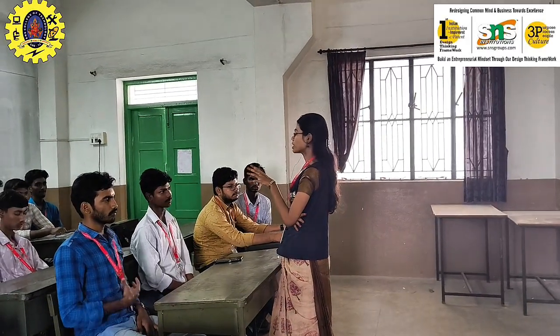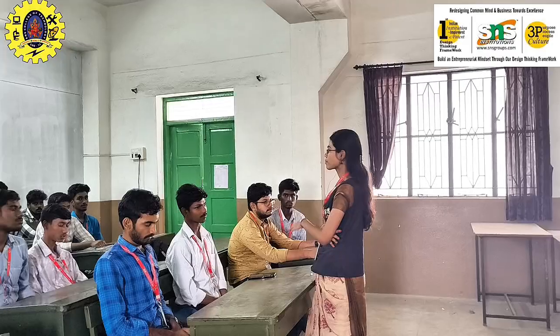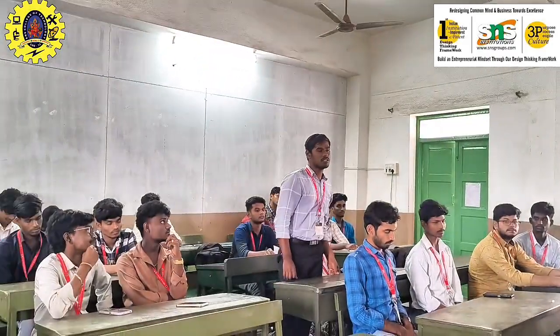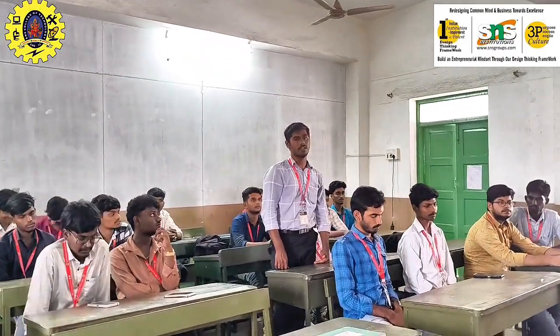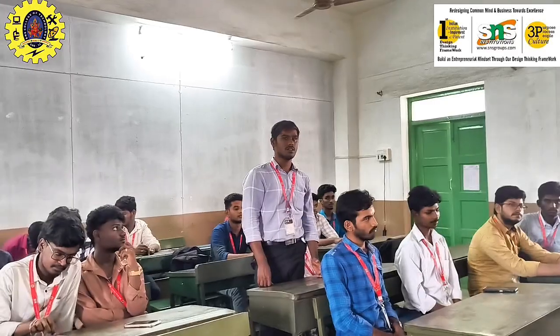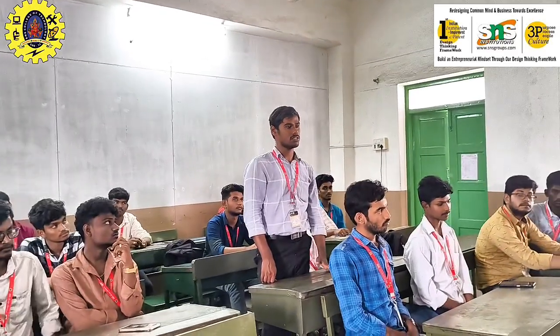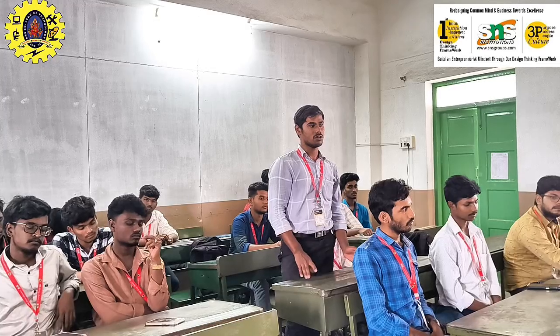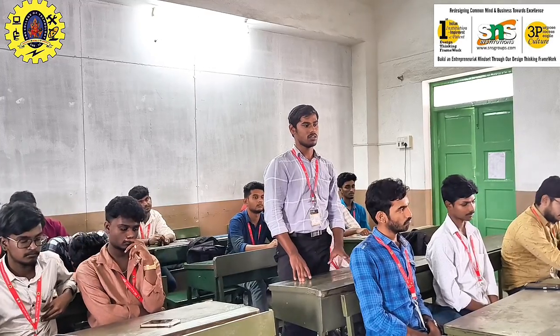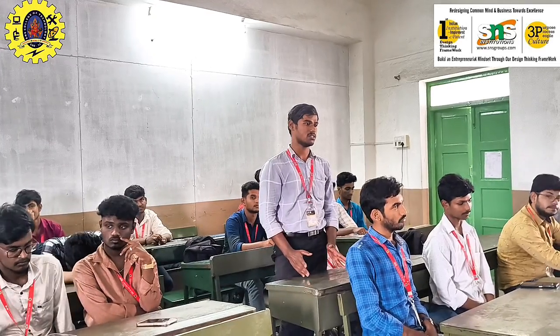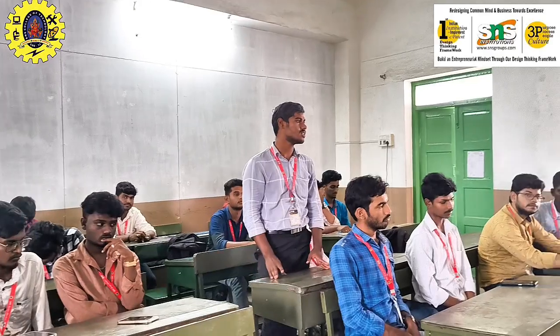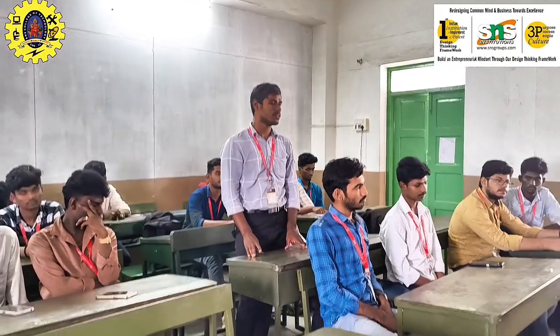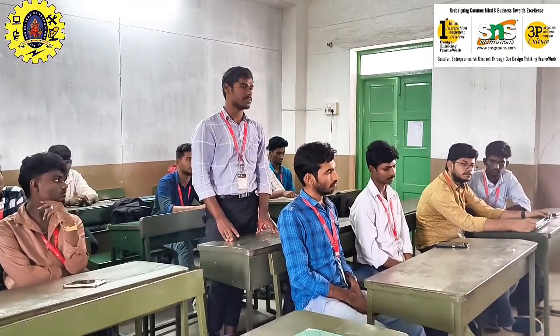So, what is WBC? WBC is known as white blood cells. It is a part of the blood. It is also known as leukocytes. WBC prevents diseases like skin disease and injuries.